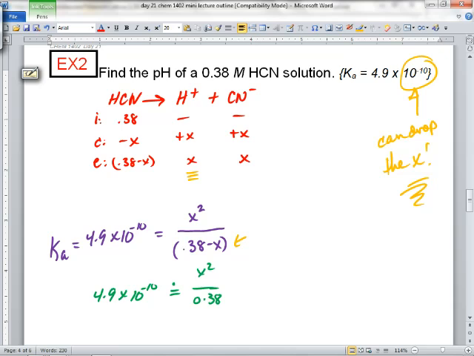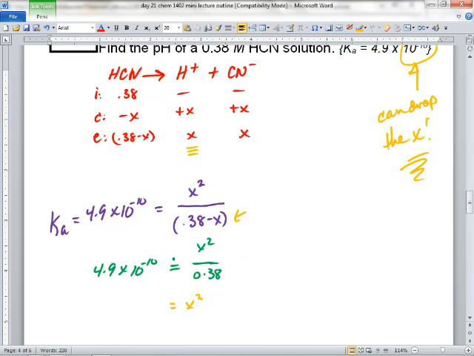We're going to get 4.9 times 10 to the negative 10 times 0.38. I got about 1.3. Oh, that's my final answer, 1.36 times 10 to the negative 5 for my x.